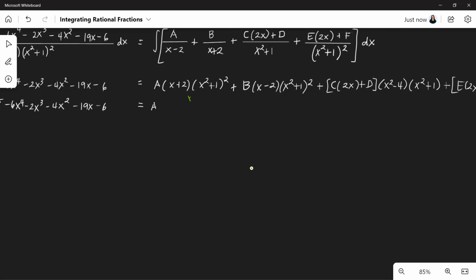Squared is x raised to 4 plus 2x squared plus 1, right? And if you multiply it with x plus 2, each term must be multiplied by x plus 2. So that means x raised to 5 plus 2x raised to 4. Then proceed to 2x squared times x plus 2. So that's plus 2x cubed plus 4x squared.